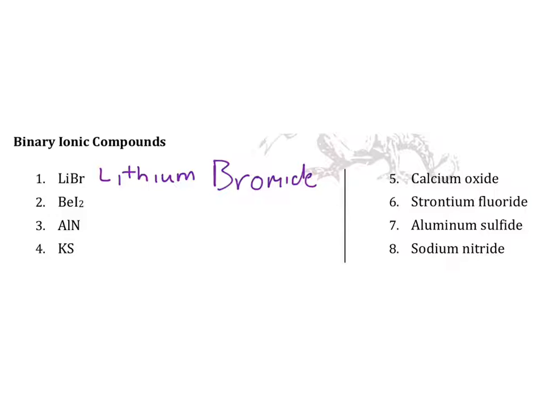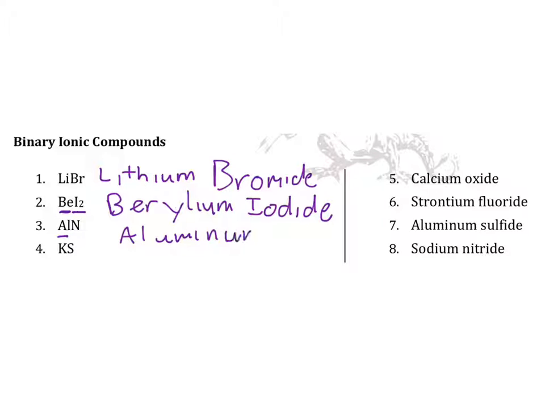This next one, again, we just named the first element here, which is beryllium. And then we named the second one, but we changed it to "ide." That's iodine, which changes to iodide. All right, aluminum, and instead of nitrogen, it's nitride.